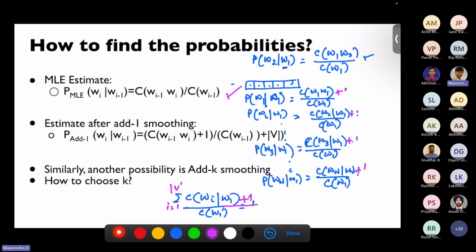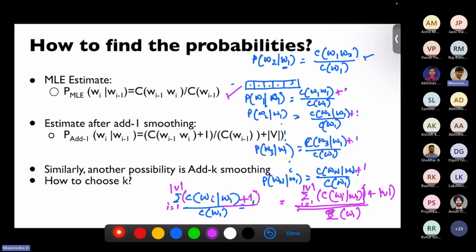So the numerator now becomes summation i equal to 1 to V of c of wi given w1, plus this 1, which I am taking outside, getting added these many times, divided by summation c of w1.